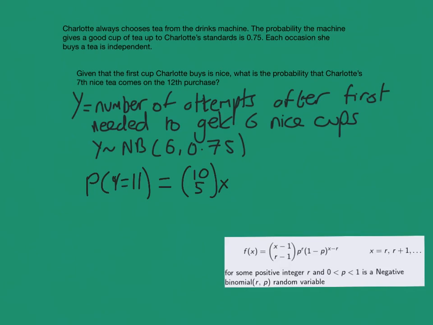Then we multiply that by 0.75, the probability of success, to the power of 6, 6 successes, times the probability of failure, 0.25 to the power of 5, which is the number of failures.